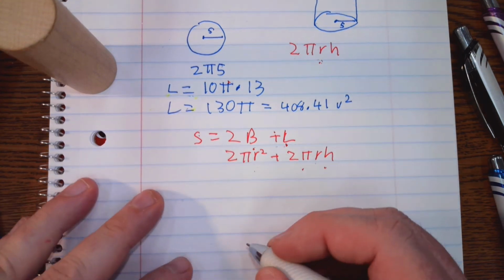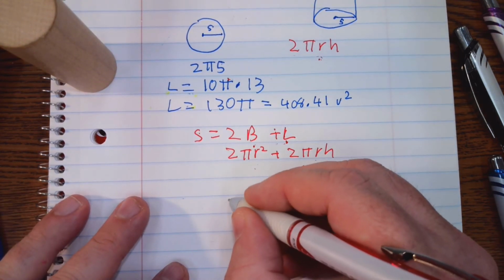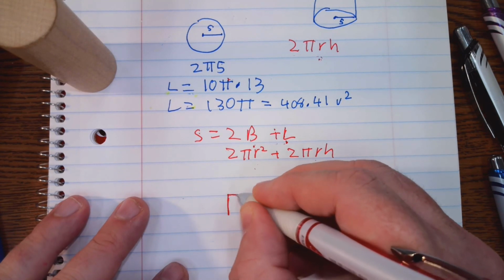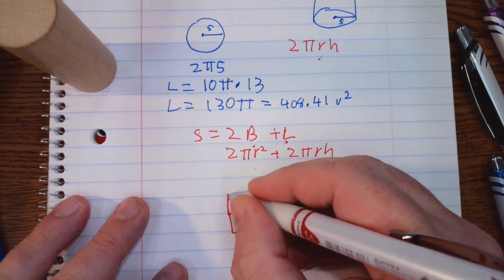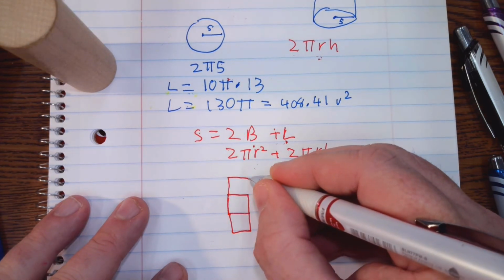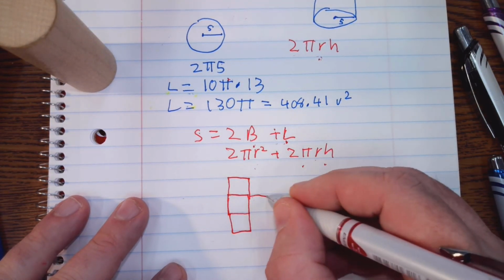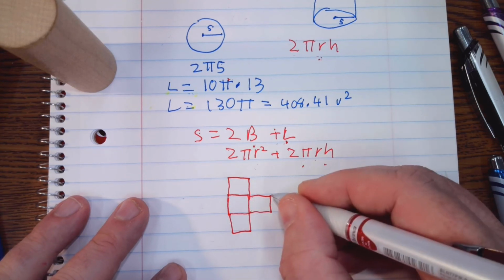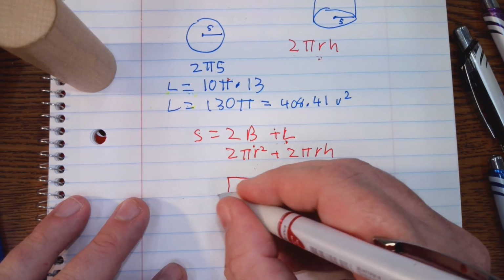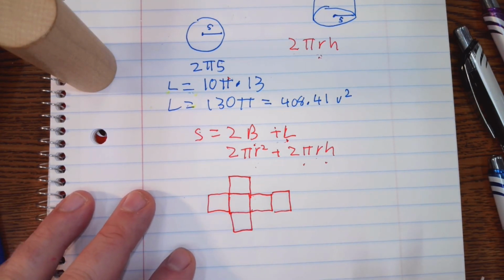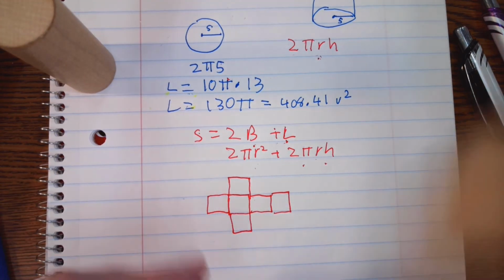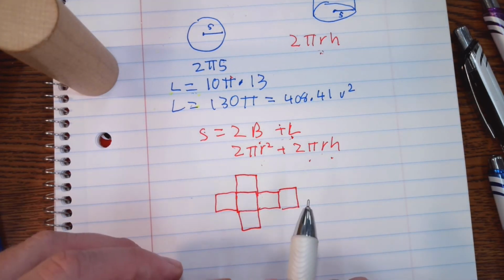Last thing we're going to do is I want you to know what would happen if I were to fold this into a 3-dimensional shape. What shape would it be? It would be a cube or a rectangular prism, right?